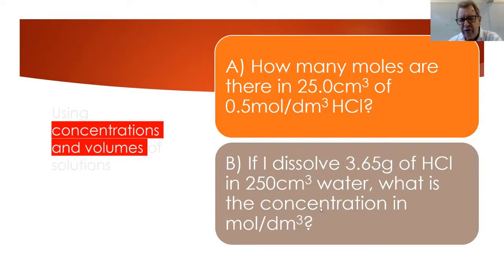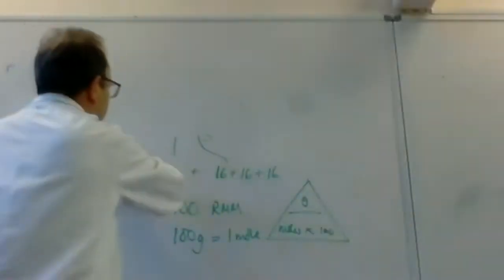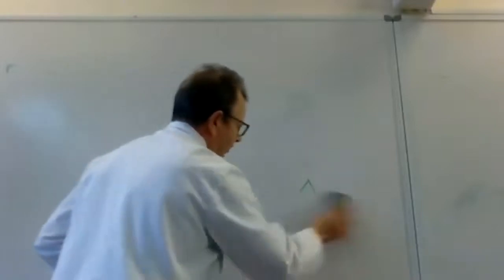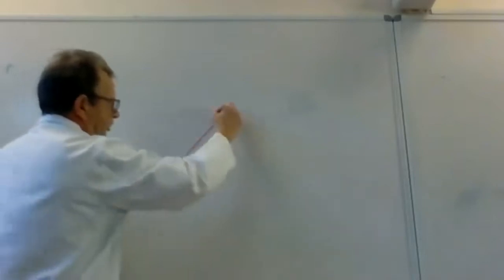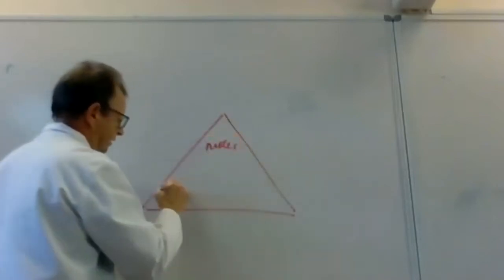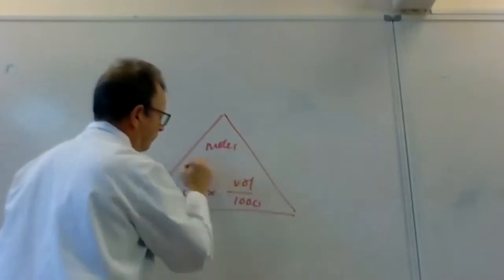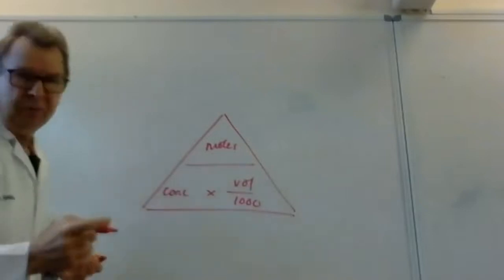Now, to do this one, you're going to have to think a little bit, but I'll just hint something to you. Okay, so here we go. This is a solution of HCl in water. And the solutions triangle looks like this. But there's a problem.